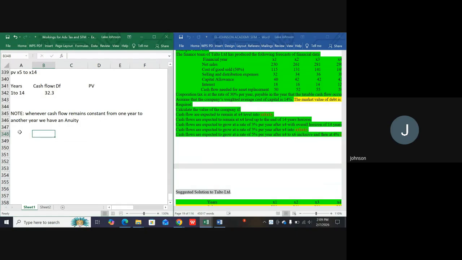So let's now check what the annuity formula is. Is anybody here that knows the annuity formula? Is there anybody on the call that knows the annuity formula?